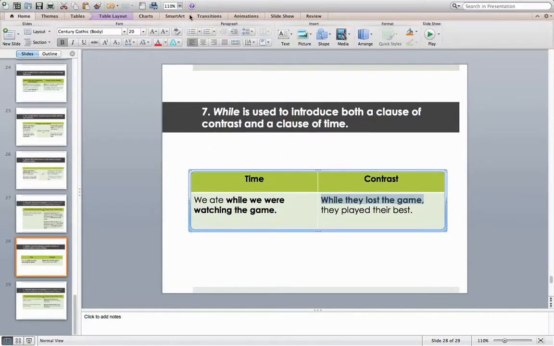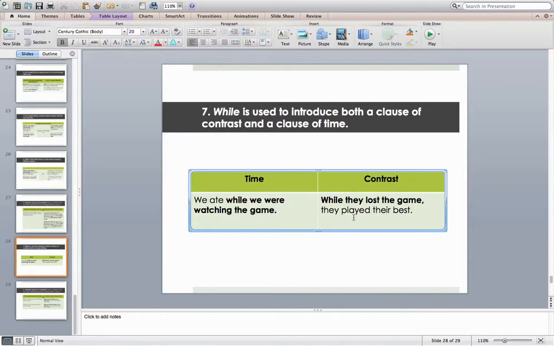Now let's go back and look at this use of while. While can be a subordinator of time, or it can be about contrast. So when I say we ate while we were watching the game, that means that's happening at the same time.